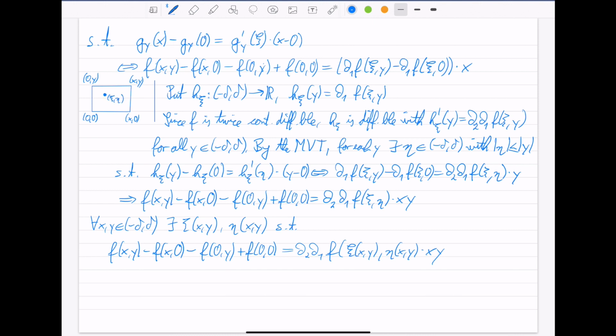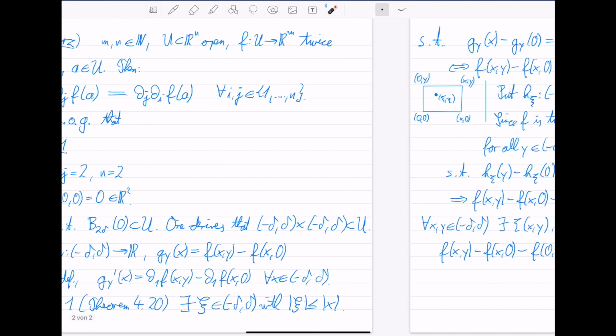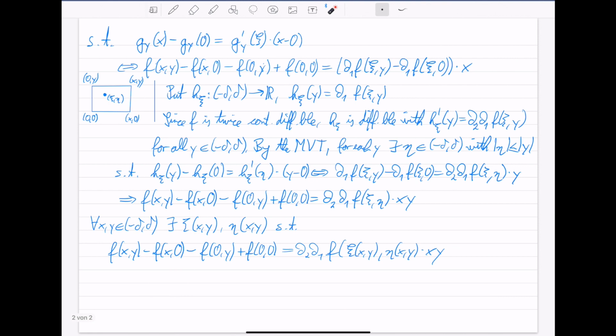Okay. Now, take another look back, so we started by fixing y and then doing the same for x, and then afterwards finding this psi, then fixing psi and introducing the second derivative.